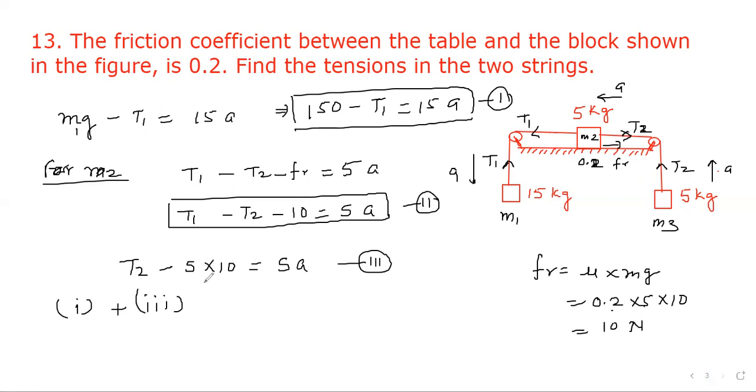This is 150, this is 50, so 100 will be left. 100 minus T1 plus T2 equal to 15A plus 5A, so 20A. So this is another equation. We have got equation number 4.